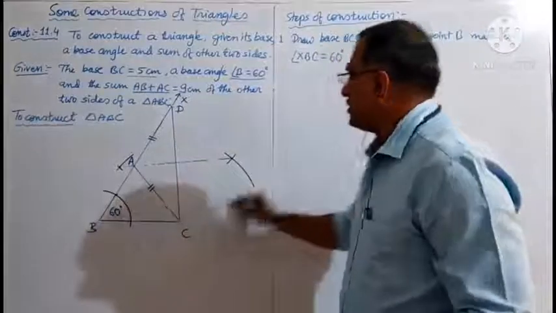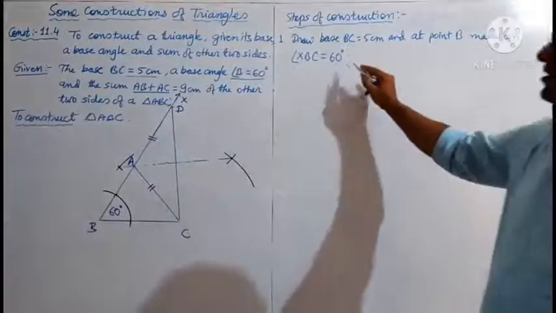So XBC equal to 60 degree is constructed.